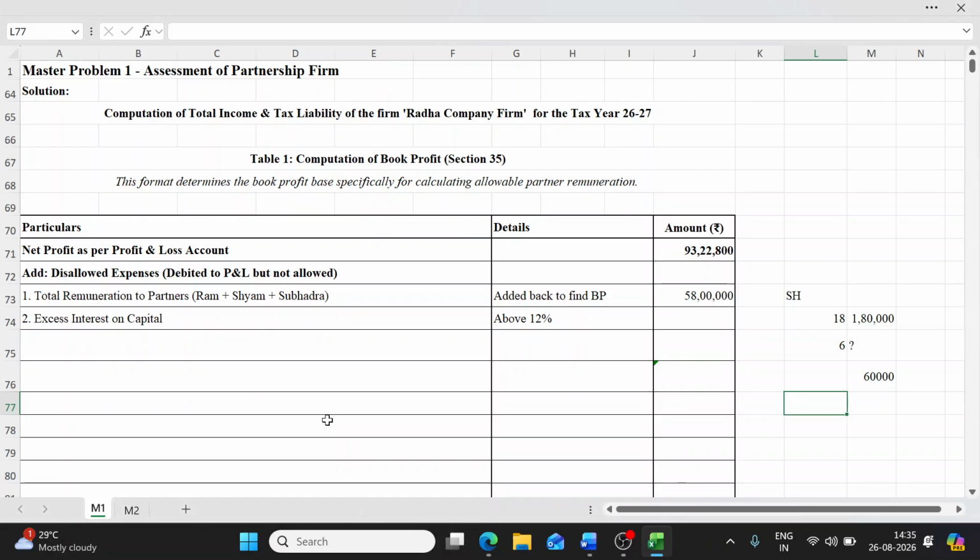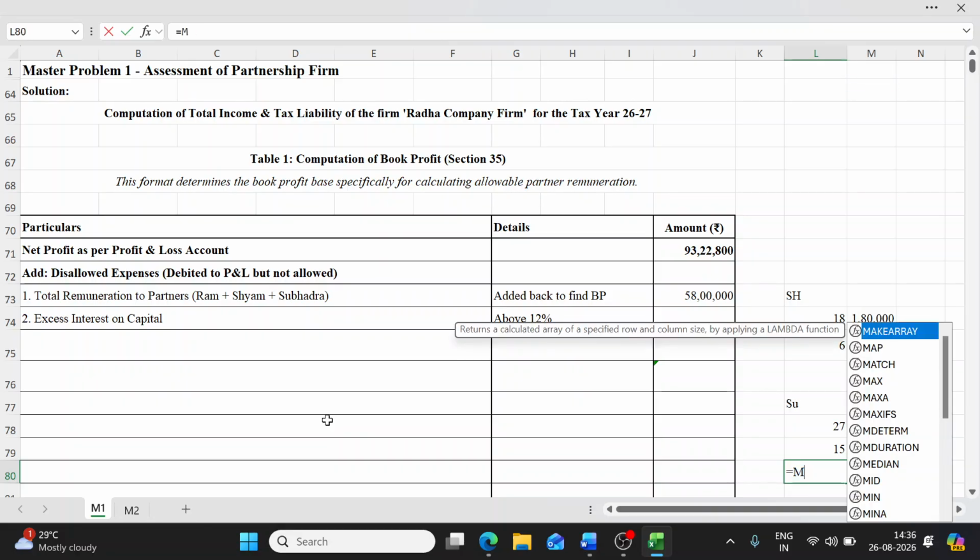So SU for Subhadra, interest rate 27%, total amount 2,70,000. Deduct 12 from 27 and you get 15, which is the additional interest paid over the allowed 12%. That portion should be disallowed and added back.